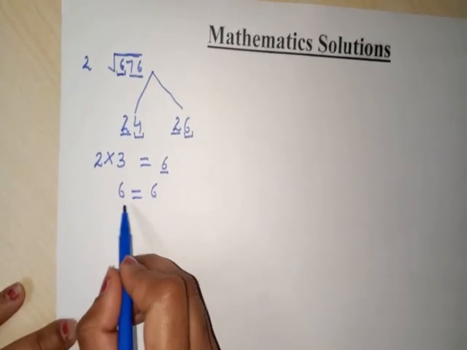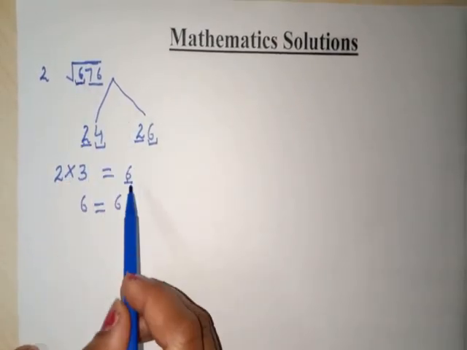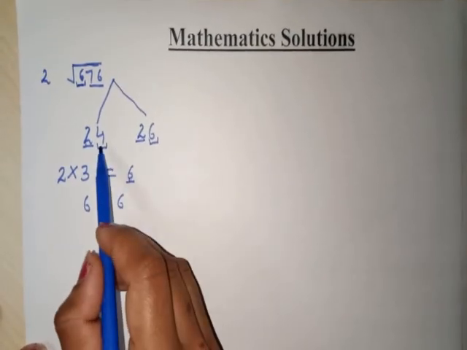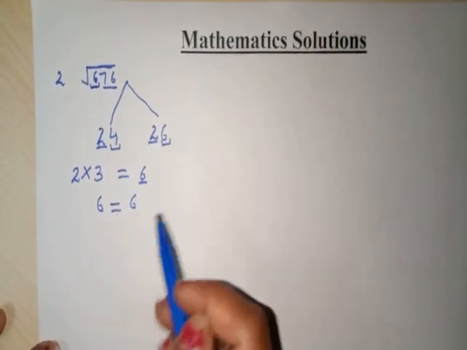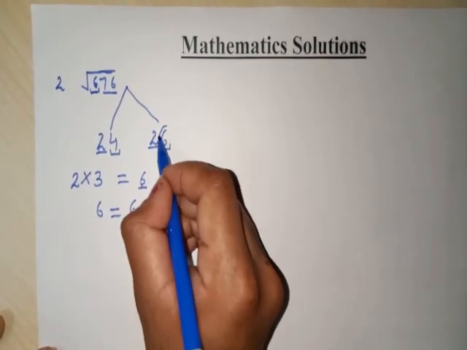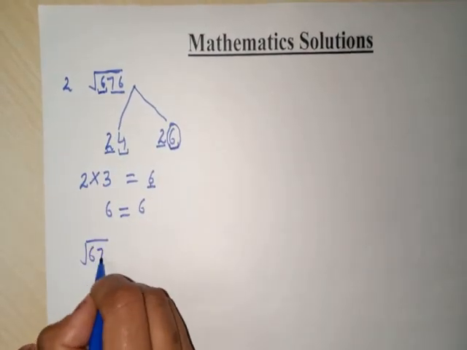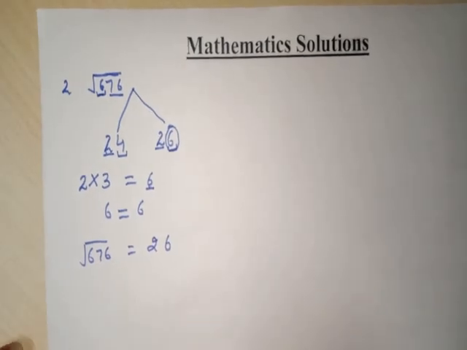So as I told earlier, if this number is greater than or equal to the product, then the digit at the unit place will be the greater number out of these two numbers. So which is the greater? 6. So the square root of 676 is 26.